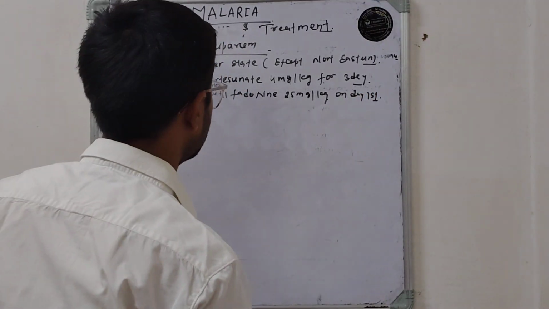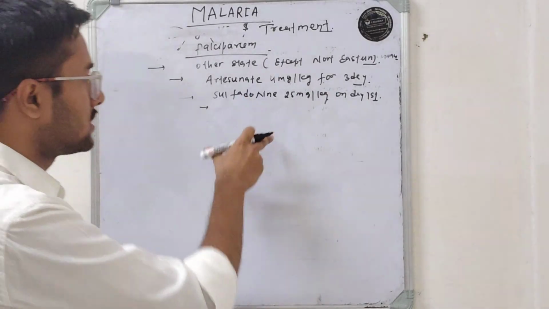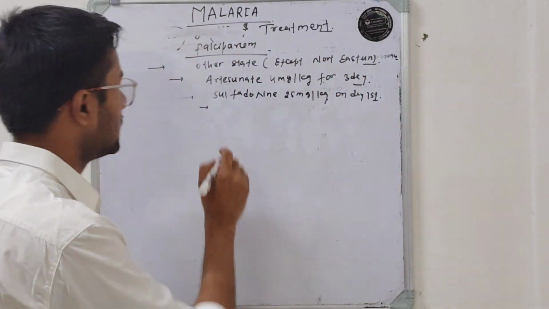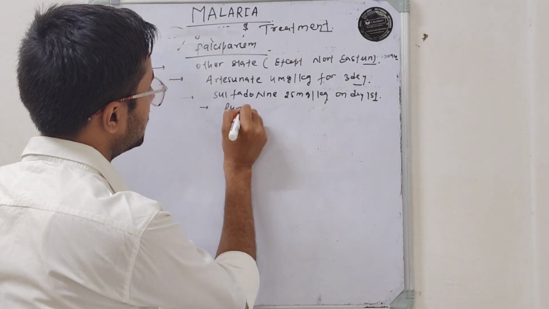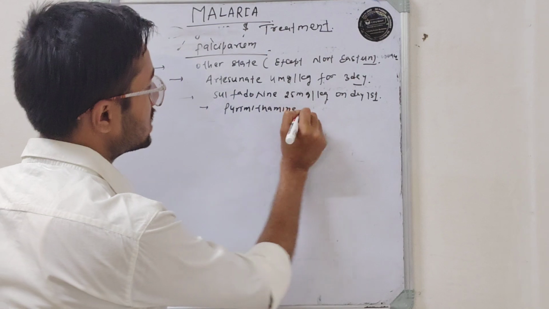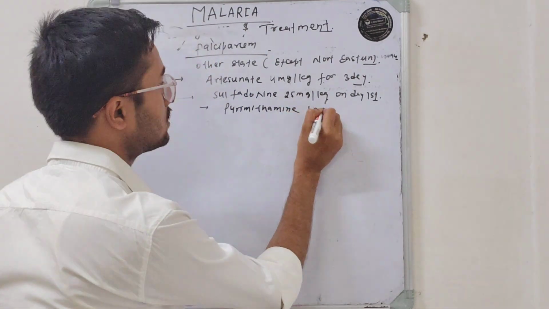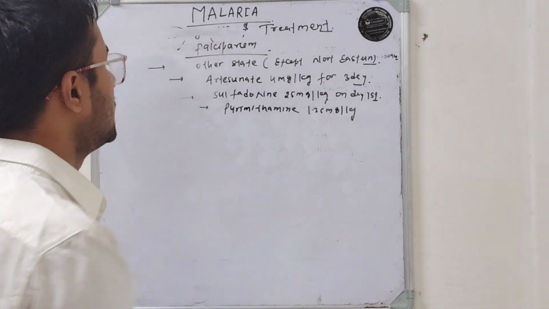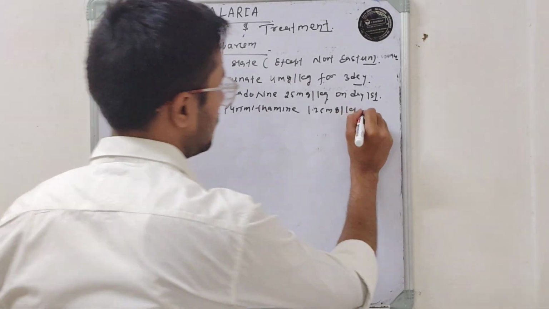Basically this sulfadoxine does not come as a separate tablet. It comes combined with pyrimethamine at a dose of 1.25 milligram per kg, which is also given on day first.